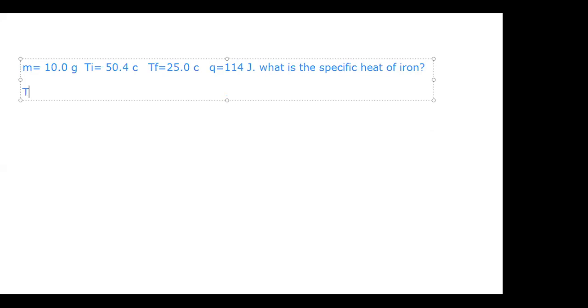So Ti minus Tf equals delta T. So we have 50.4 minus 25.0, and that equals 25.4 degrees Celsius for delta T. So the change is 25.4 degrees Celsius, which is a pretty big jump.